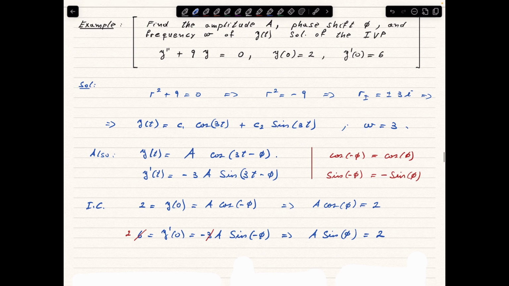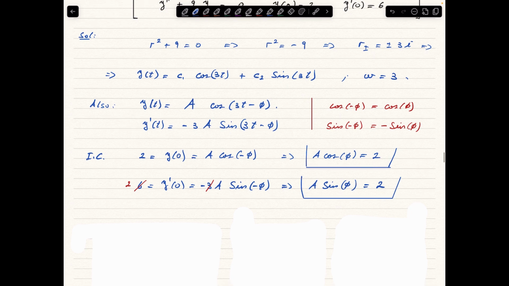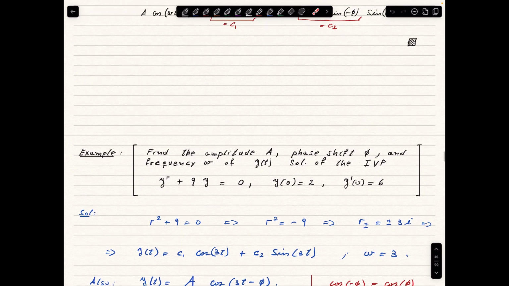So these are the equations for the initial conditions that from here we should compute the amplitude and the phase shift. Notice the one thing, these two equations imply that the sine and the cosine are both positive. So recall the conditions on the amplitude.